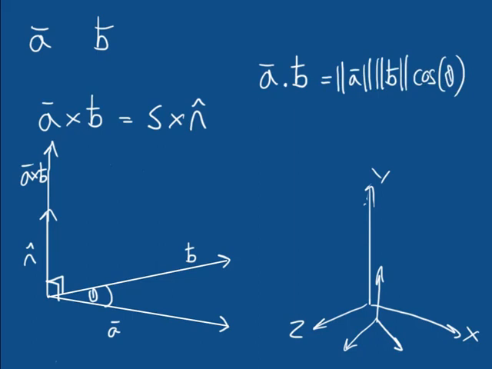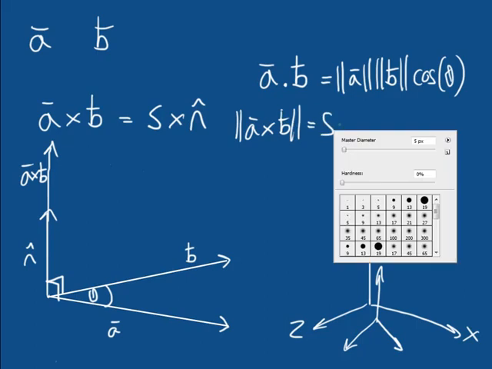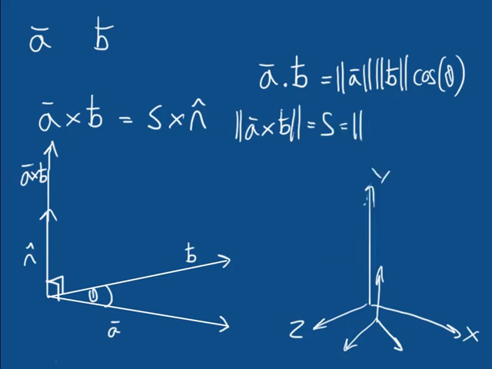Well, the length of our cross product vector, so the length of A cross B, which we know is equal to our scalar s, is actually equal to the length of A multiplied by the length of B multiplied by the sine of the angle between them.